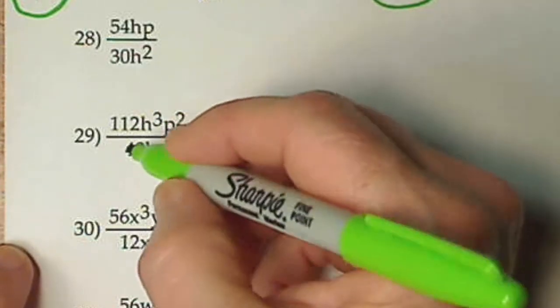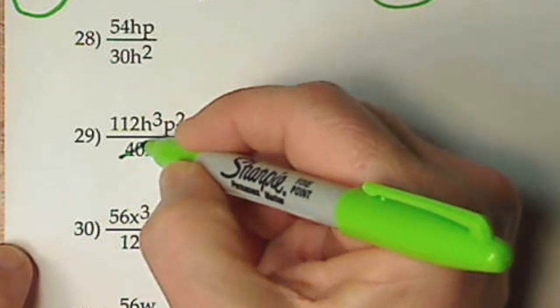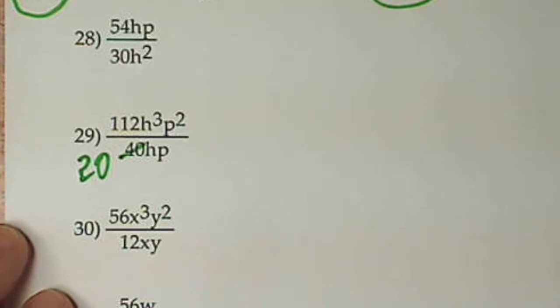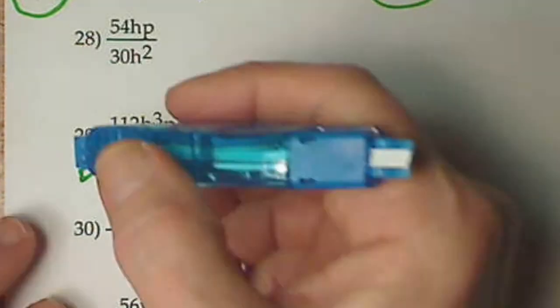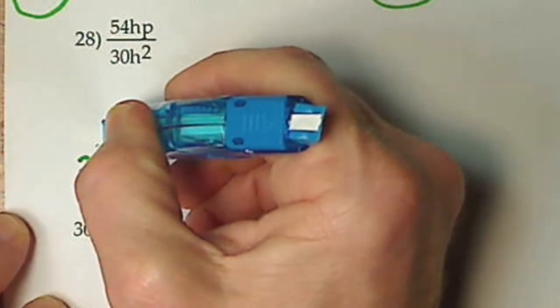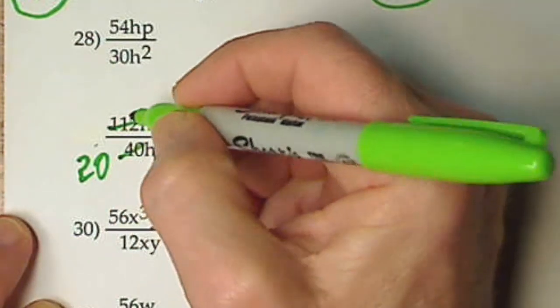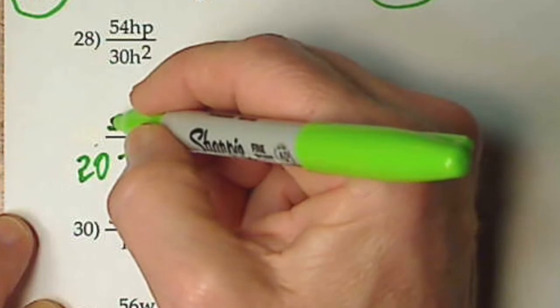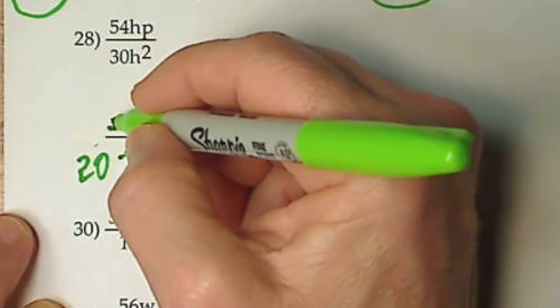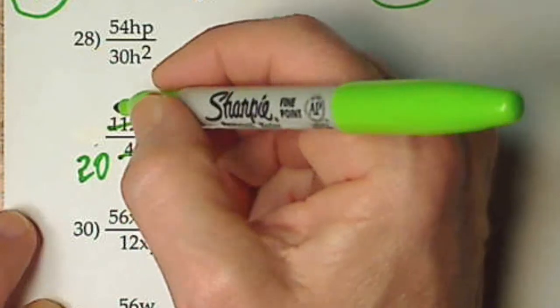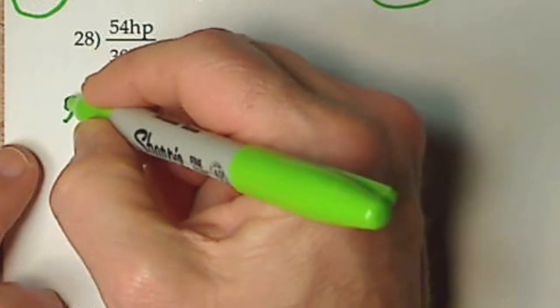I'll probably do it more than once, though. 40 divided by 2 is 20. In fact, I'm going to get rid of this 29. It's kind of in our way here now. But that's the one we're solving, is number 29. And 112 divided by 2 is 60. Now that'd be 120. 55 would be 110, so that's 56.